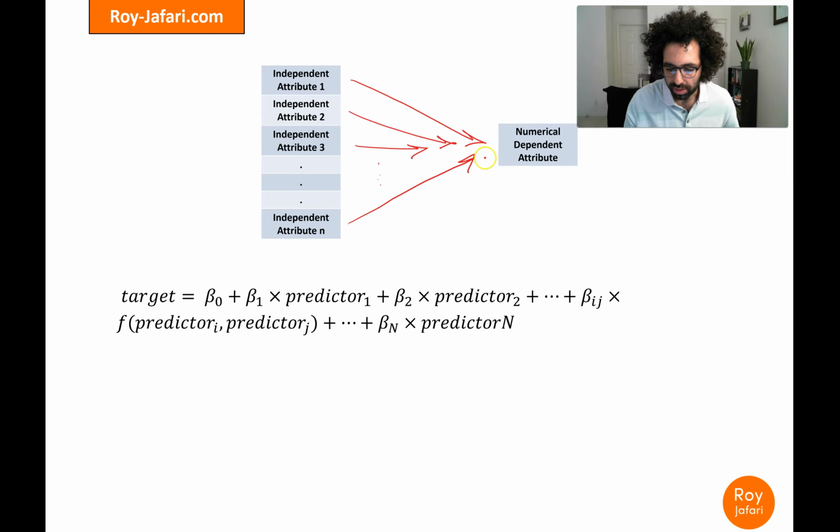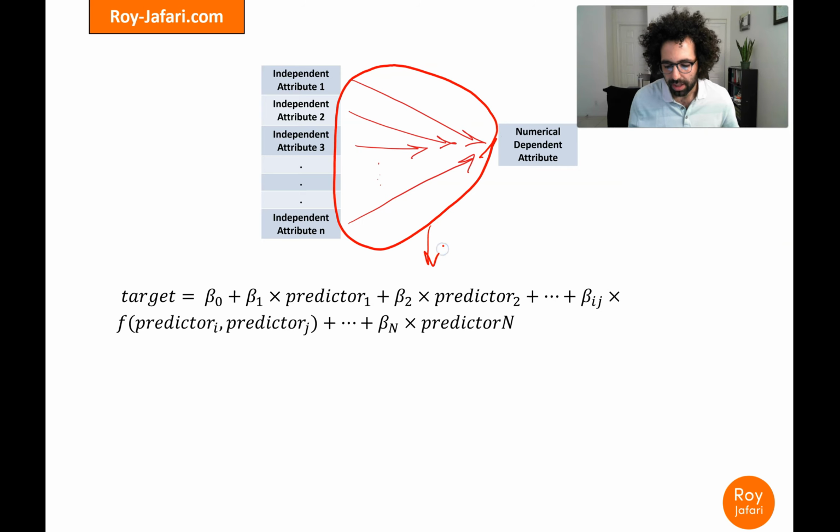We could make the equation that we are using to capture this relationship a little bit more complex and add a term like this one, an interaction term between predictor i and j. These predictors could be anything, could be predictor 1, could be predictor 10, and this function also could be anything.